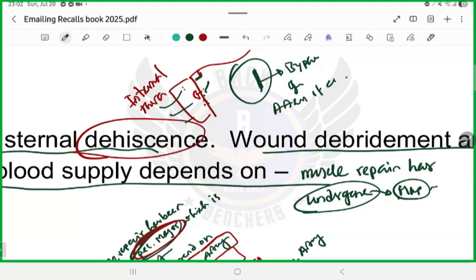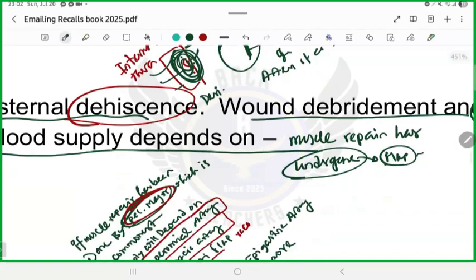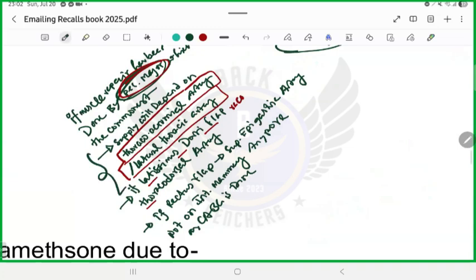But if sternal dehiscence occurs, we need to repair it with a muscle. So if we use pectoralis major, the blood supply will come from the thoracoacromial artery. If we take latissimus dorsi, the blood supply will come from the thoracodorsal artery. Or if a rectus flap is used, the superior epigastric artery will give blood supply to the sternum.